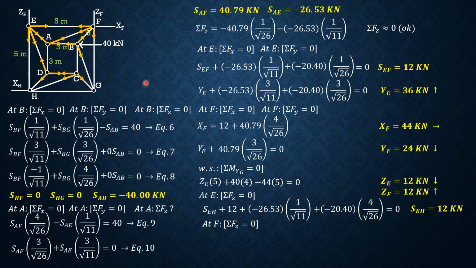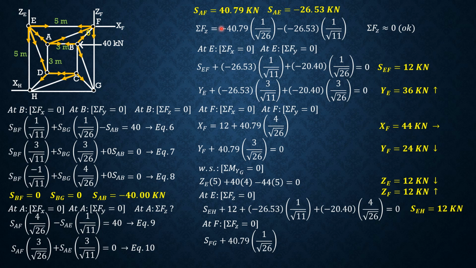We can now go back to F, summation forces along Z equals 0 to solve for SFG. So SFG forward, then plus SEF, then G sub F is backward 12.